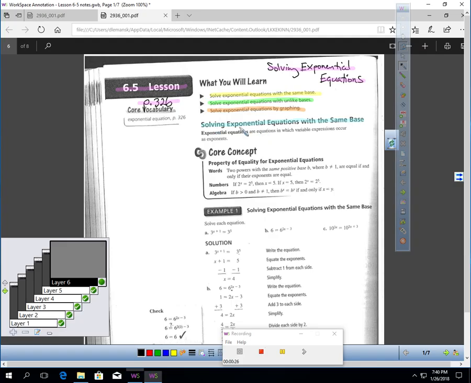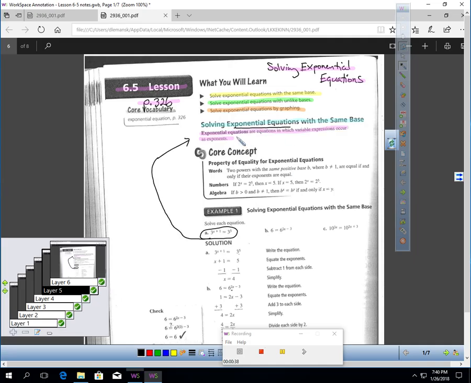So let's talk about how we solve exponential equations with the same base. Now, before we even get to that, we need to figure out what is an exponential equation. It means that we have equations that have variable expressions as exponents. Okay? So you might be like, well, that doesn't really make anything clear.